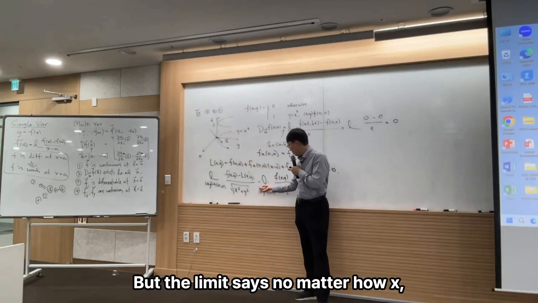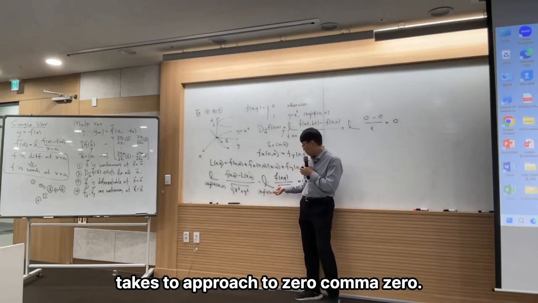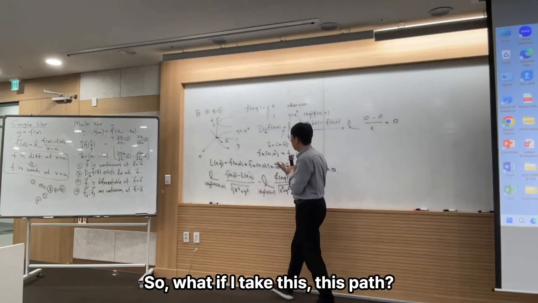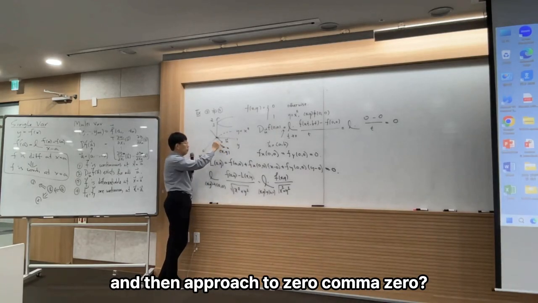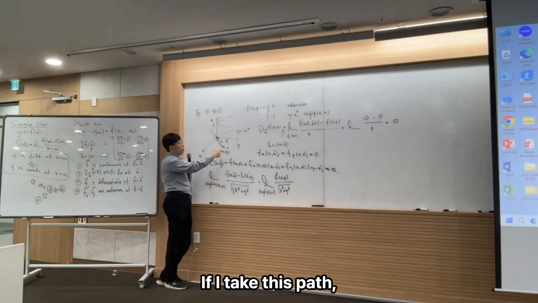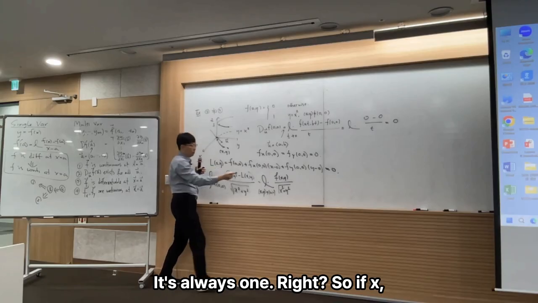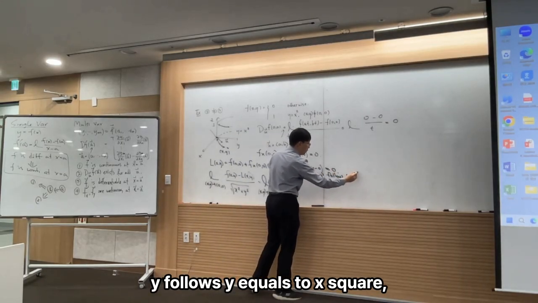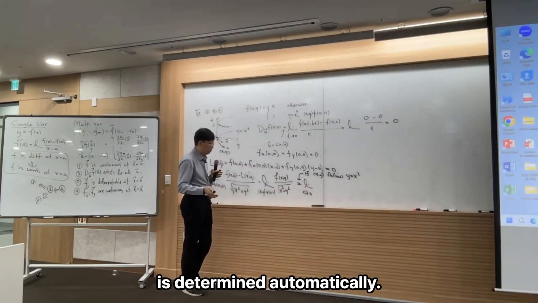So the limit says no matter what route (x,y) takes to approach (0,0), this limit has to be always 0. So what if I take (x,y) on the parabola and then approach (0,0)? If I take this path, then what is my value of function? It's always 1, right? So if (x,y) follows y equals x squared, I can just take x or y, one of them, because the other is determined automatically.